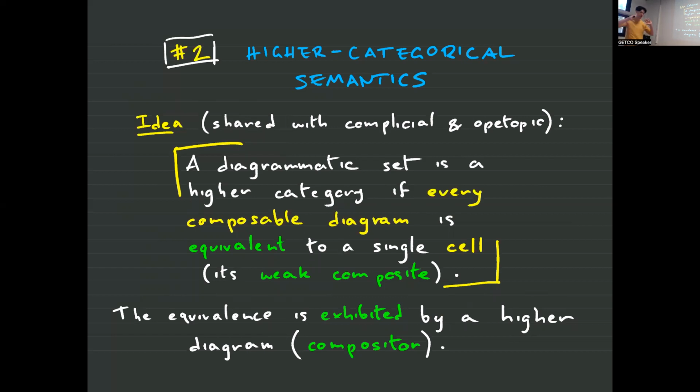So you can always rewrite a round diagram made of several cells into a single cell that we consider a composite. The equivalence here is with respect to a precise definition of what an equivalence diagram is.